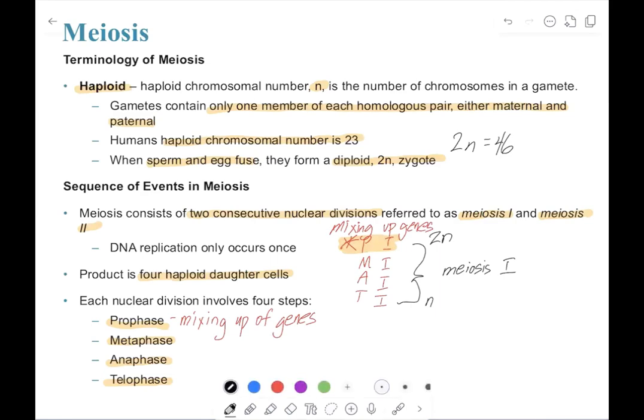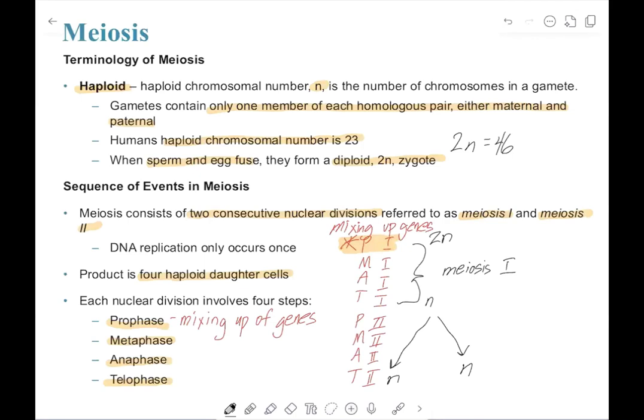Then we have meiosis 2. So we have another PMAT, but it's prophase 2, metaphase 2, anaphase 2, and telophase 2. In this situation, each of those haploid cells is going to be copied into other haploid daughter cells.